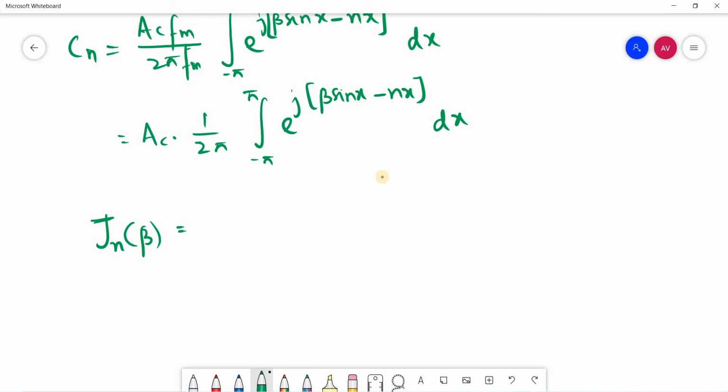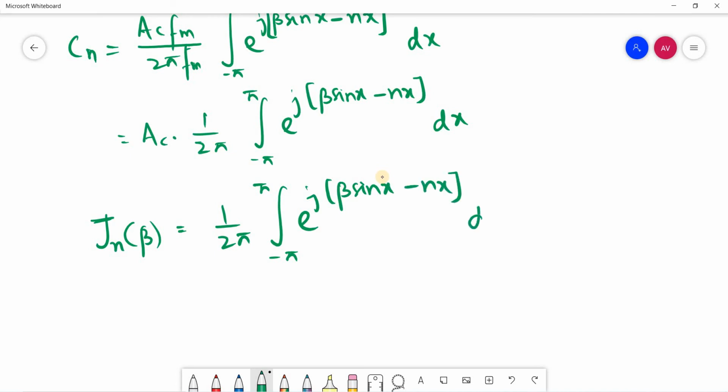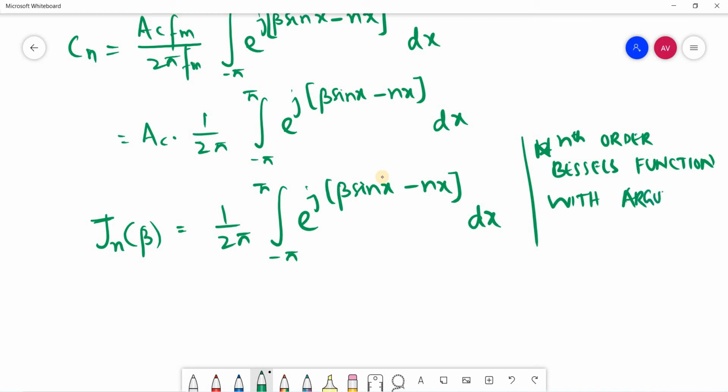So this integral, 1 by 2 pi integral from minus pi to pi of e power j beta sin x minus nx dx, is an nth order Bessel's function with argument beta.